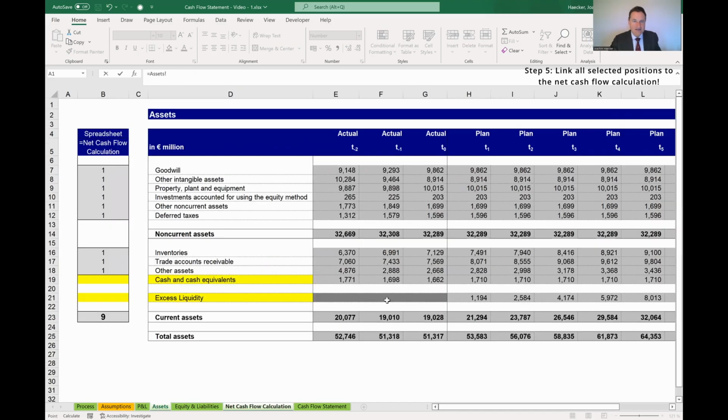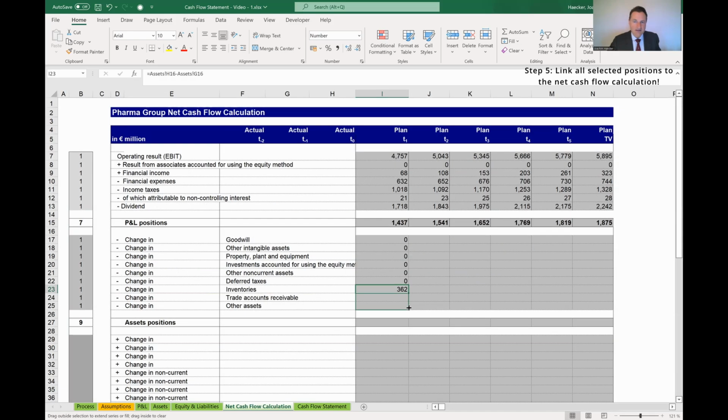The same occurs in inventories. Inventories equals the first projection minus the current year in terms of inventories. And I move it all the way down. And then I can move that here. And now I just subtract all of them.